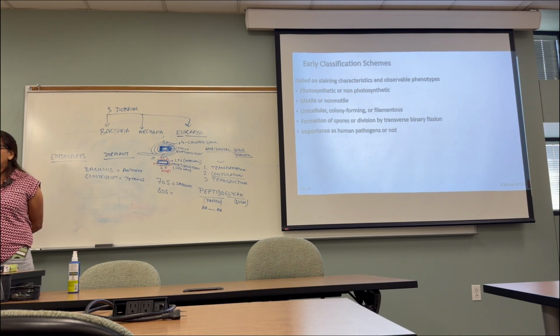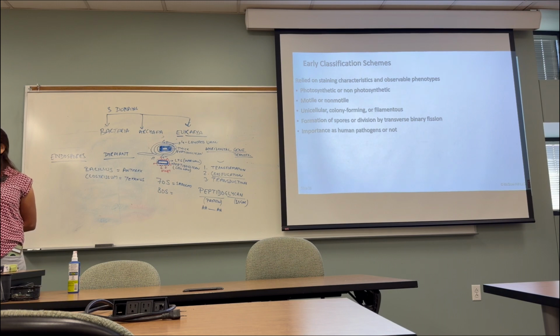we have different classification schemes which relied on staining characteristics and other phenotypes, whether they are motile, whether they are non-motile, whether they are photosynthetic or non-photosynthetic. They can be unicellular, they can form colonies, they can be filamentous. They can form spores or they can divide by binary fission. They can be important in terms of causing diseases to humans, but it's not always true.